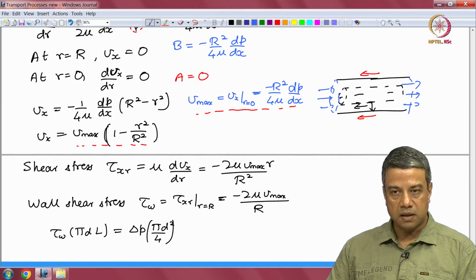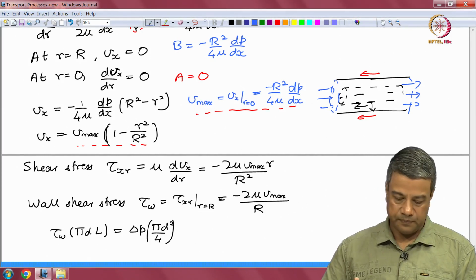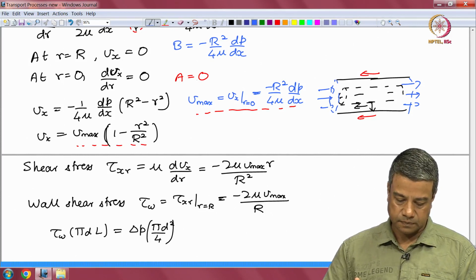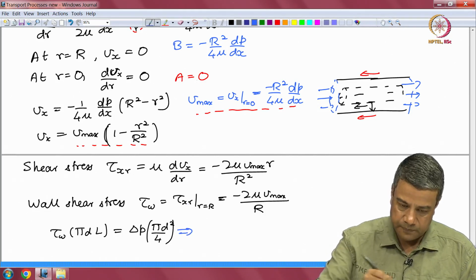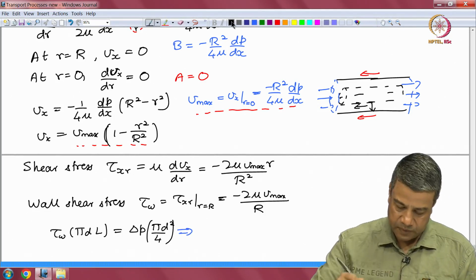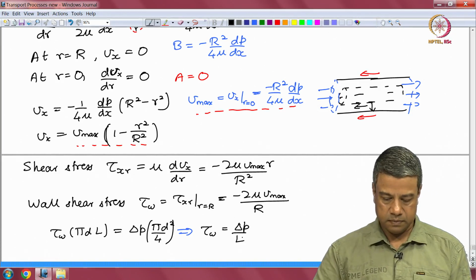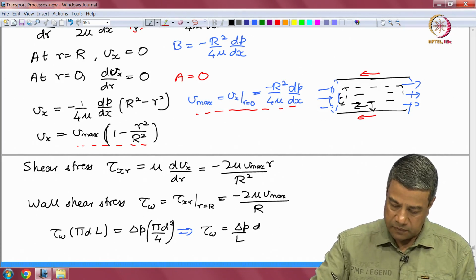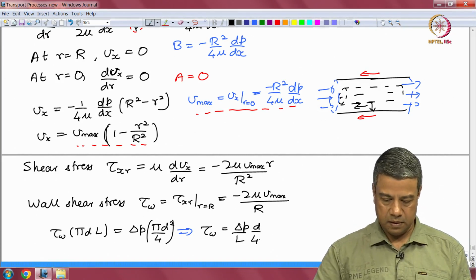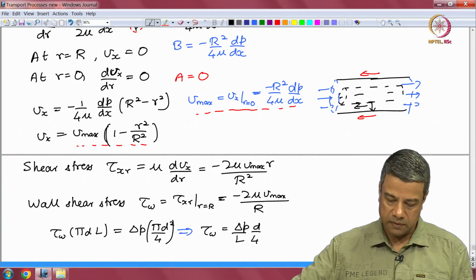Wall shear stress tau w into the cylindrical surface area pi D into L. So, based upon this I get tau w is equal to delta p by L into D by 4. The pi's will cancel out and I will get delta p by L into D by 4.